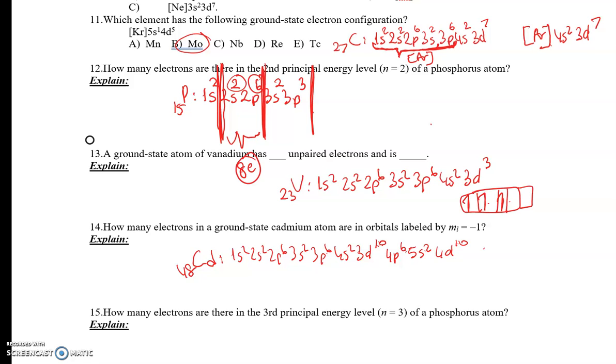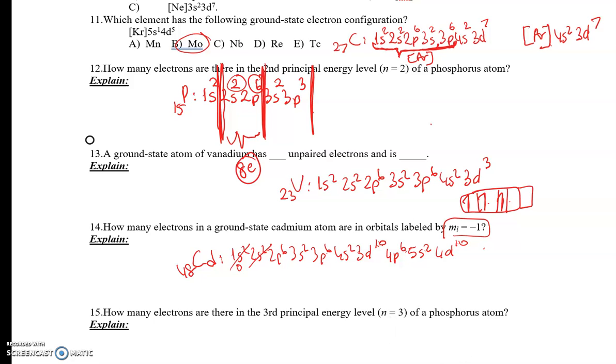That's what I have. All right, so it's asking how many electrons in the ground state cadmium atom have orbitals ml minus 1. So ml, I have 0 for s, so I don't have any ml minus 1 here. For p orbital, I have ml plus minus 1 and 0, right?